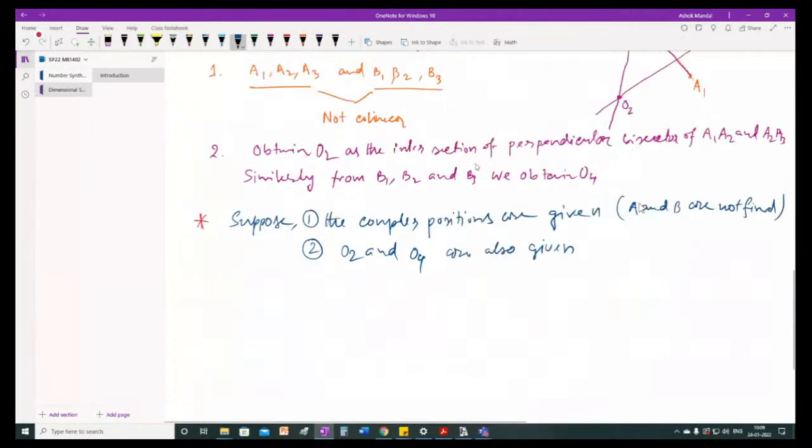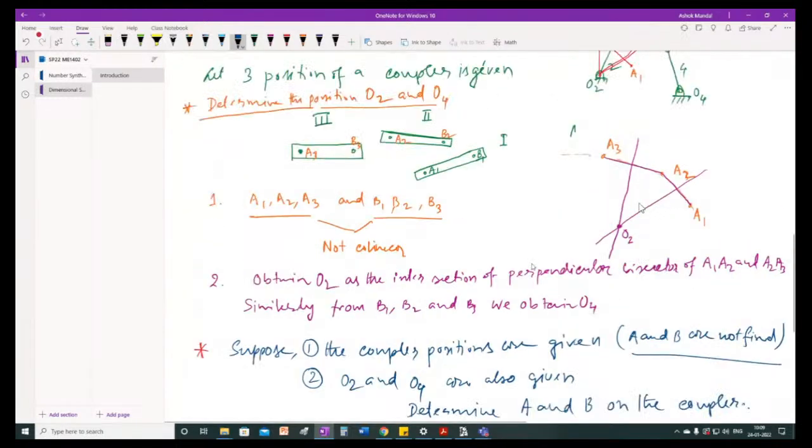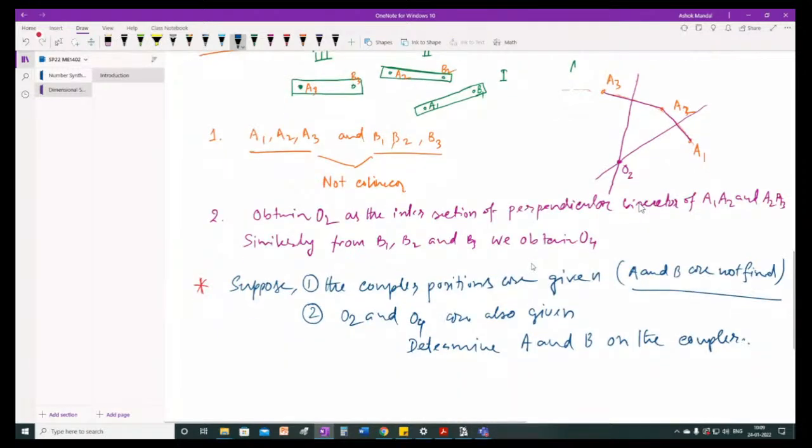In this case, what do we need to determine? We need to determine A and B on the coupler. How will you solve that problem? Suppose A and B, these two points, are not given.